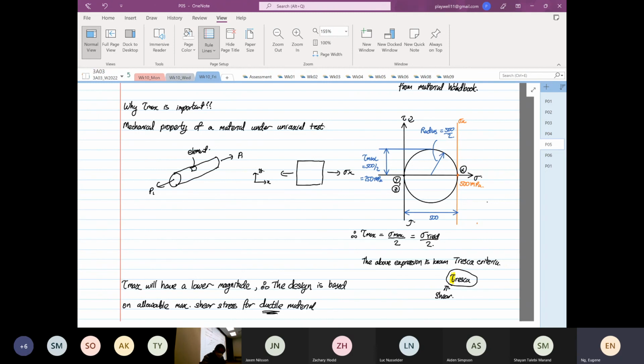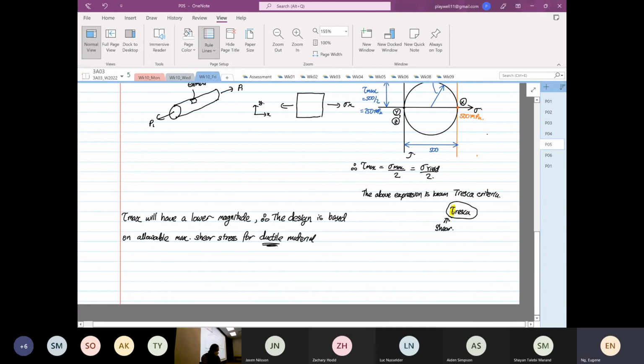So we have an expression that tau max is equal to the square root of stress average squared plus the shear xz squared. This is our equation 2. Now we are going to substitute equation 1 into equation number 2.